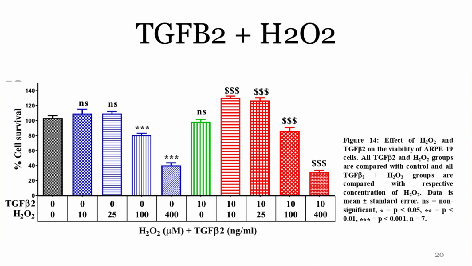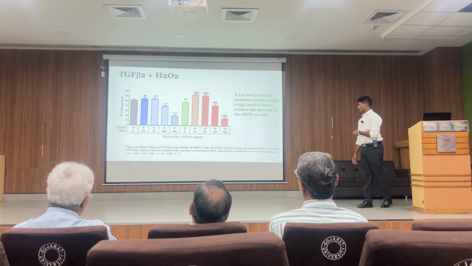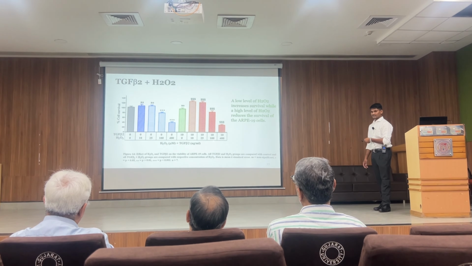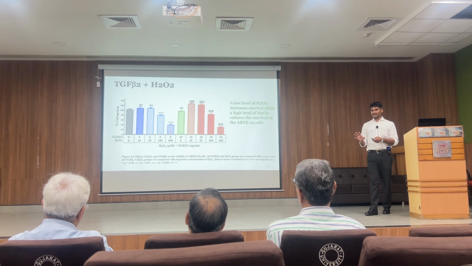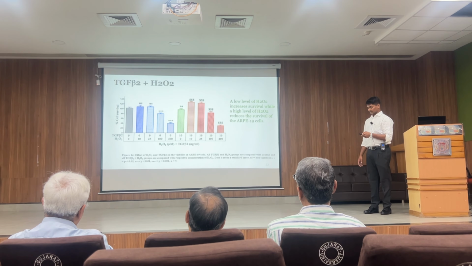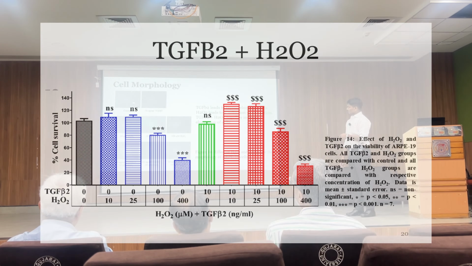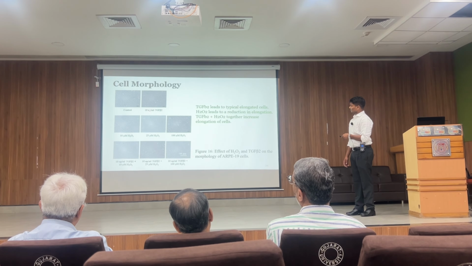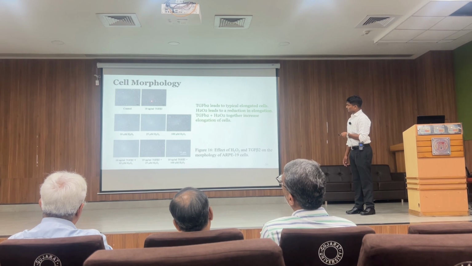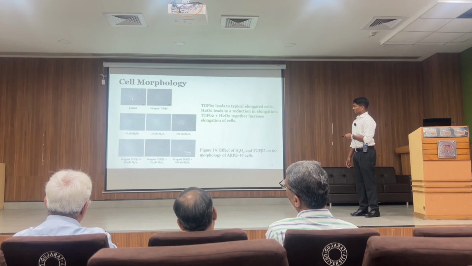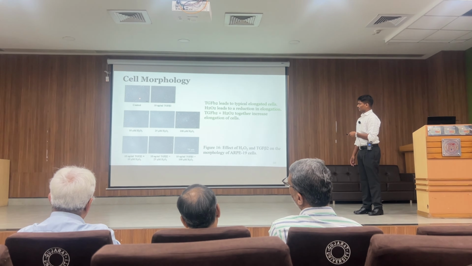From here we can see that when a low level of H2O2 is given along with TGF beta 2, it does not show that much cytotoxic effect, but at higher levels along with TGF beta 2, it shows a cytotoxic effect. From this picture we can see the very normal cell morphology of the ARPE-19 cells.